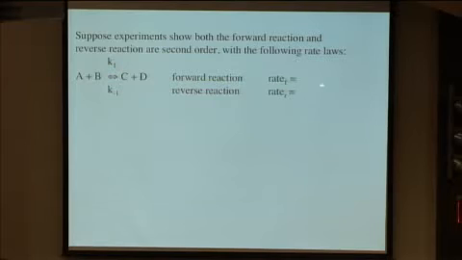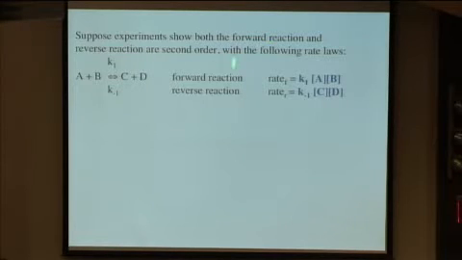So the rate of the forward reaction is going to be equal to k1 times the concentration of A and the concentration of B. And on the bottom, our rate is going to be equal to the little rate constant. So for the reverse reaction, it's the reverse rate constant, k minus 1. And in the reverse direction, our reactants are the products for the forward direction, C and D.